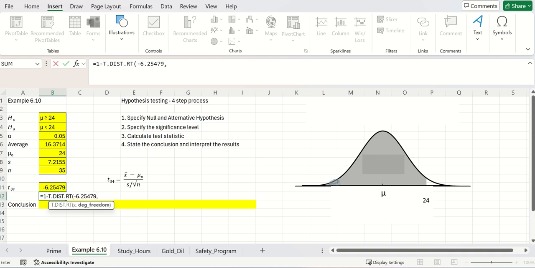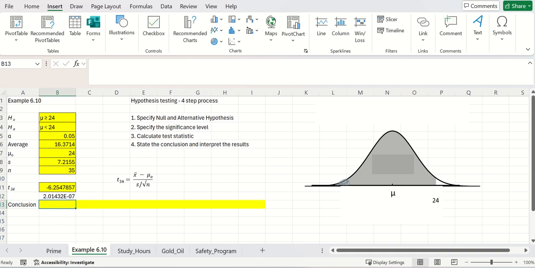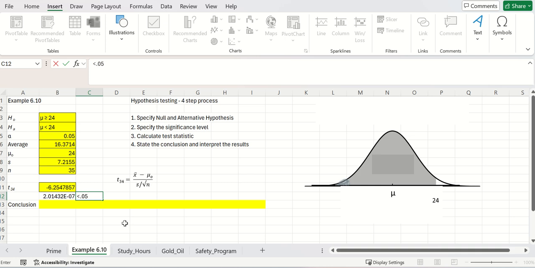The last argument that needs to go in there is the degrees of freedom, which is n minus 1, that's 34. And so we end up calculating 2.01 times 10 to the minus 7. This value is significantly lower than 0.05, and that's the p-value we're looking for.